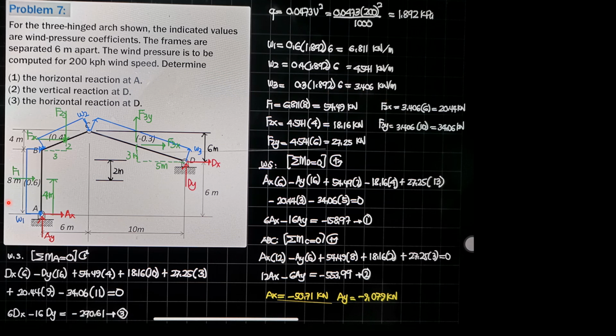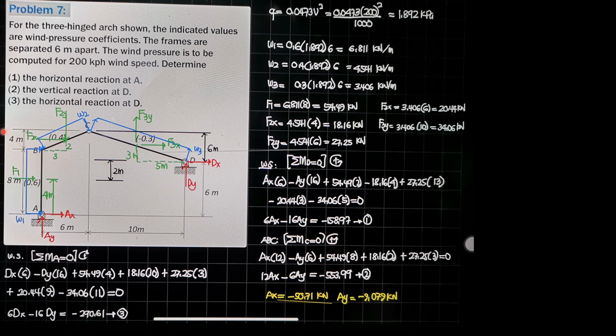We then compute F1, which is just the area of this rectangular loading distribution. So it is equal to W1 times 8 meters. So F1 is 6.811 times 8, it is 54.49 kilonewtons, and it is acting through the centroid of this rectangular area. So 4 meters from A, 4 meters from B also.